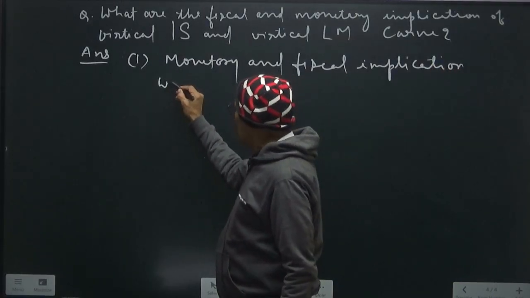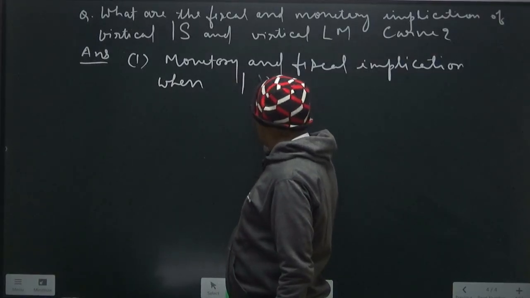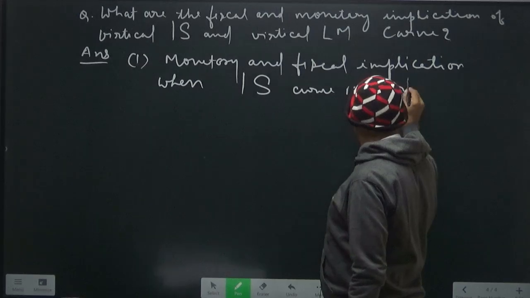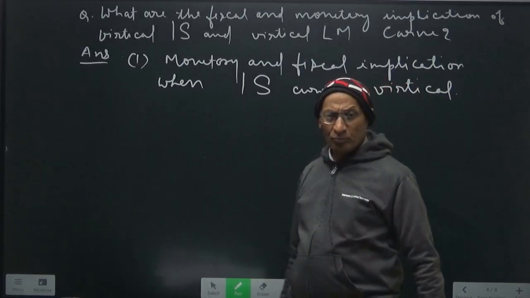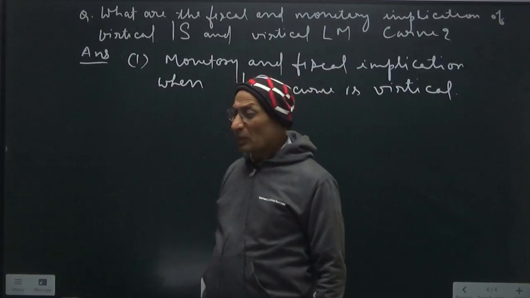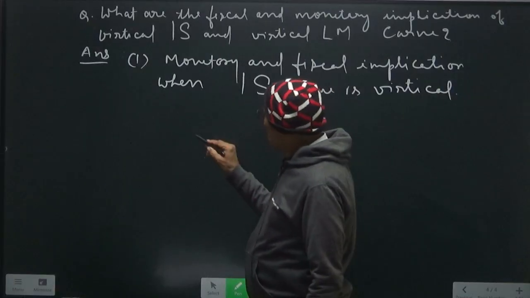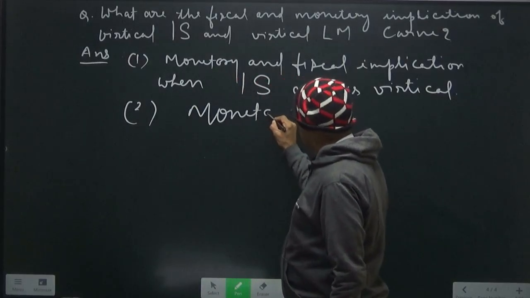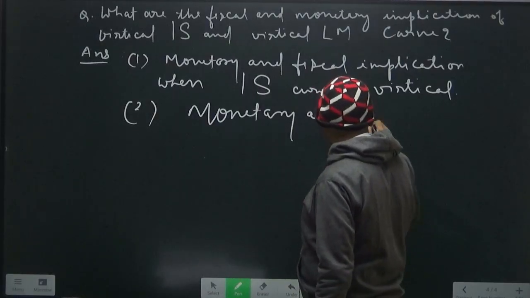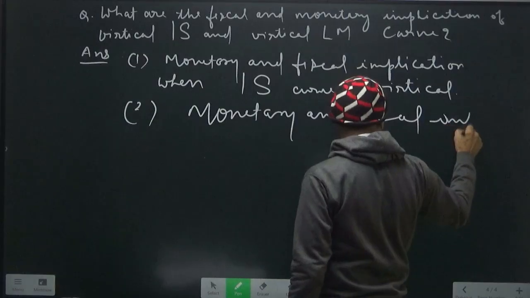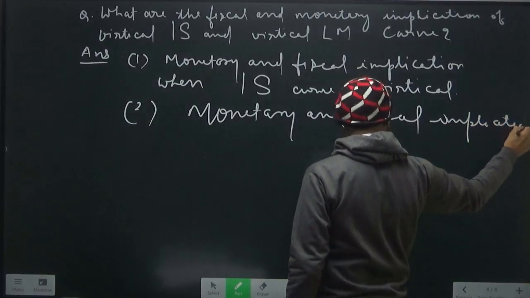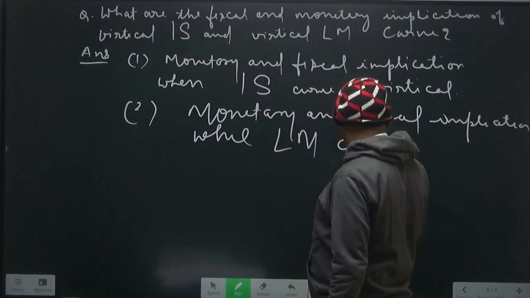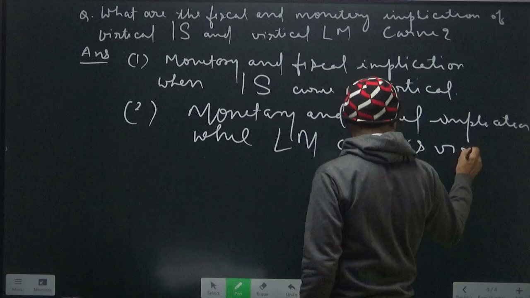when IS curve is vertical. Okay. And the second part will be monetary and fiscal implication when LM curve is vertical.